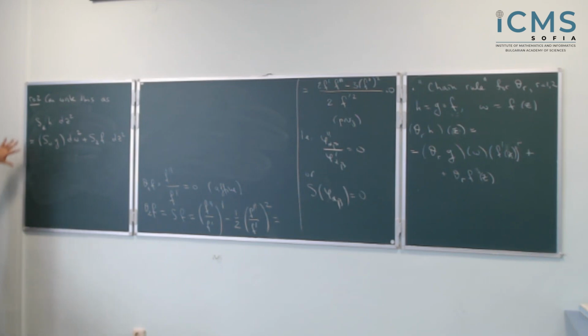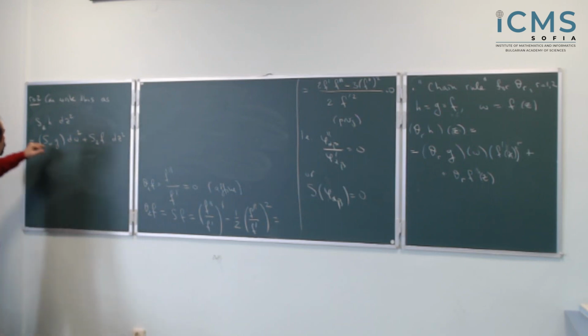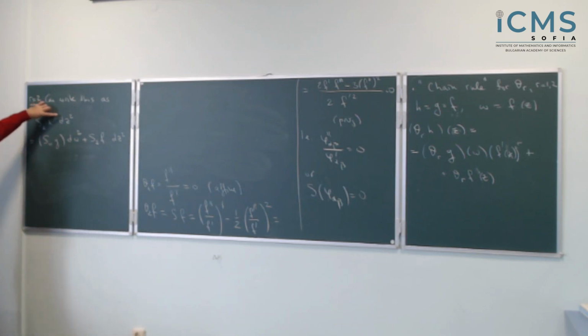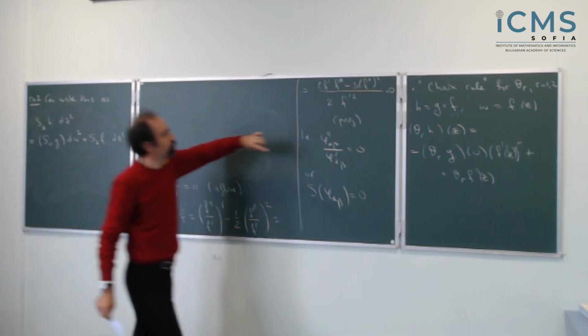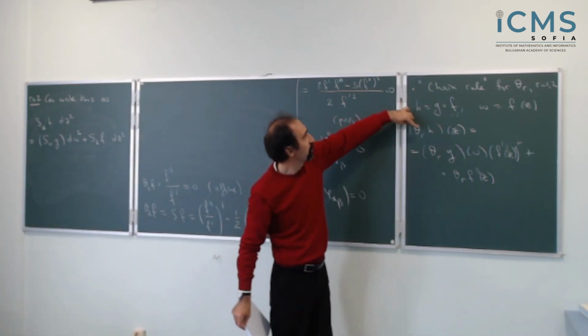So in terms of quadratic differentials, this becomes a little bit more symmetric. The Schwarzian is just theta 2, and I'm keeping track of the value. This is theta 2 of h, and theta 2 of the composition.